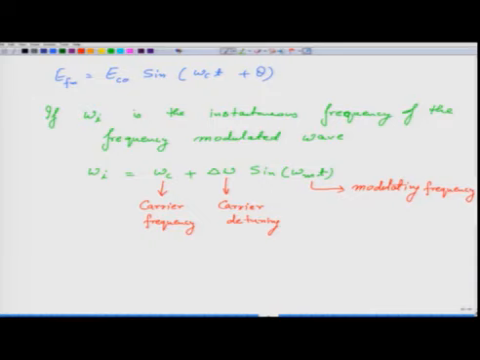In order to get the complete equation of the frequency modulated wave, we have to represent the overall phase of the frequency modulated wave in terms of the frequency of the carrier wave as well as the frequency and amplitude of the modulating or our message wave. Let us see how that is done.